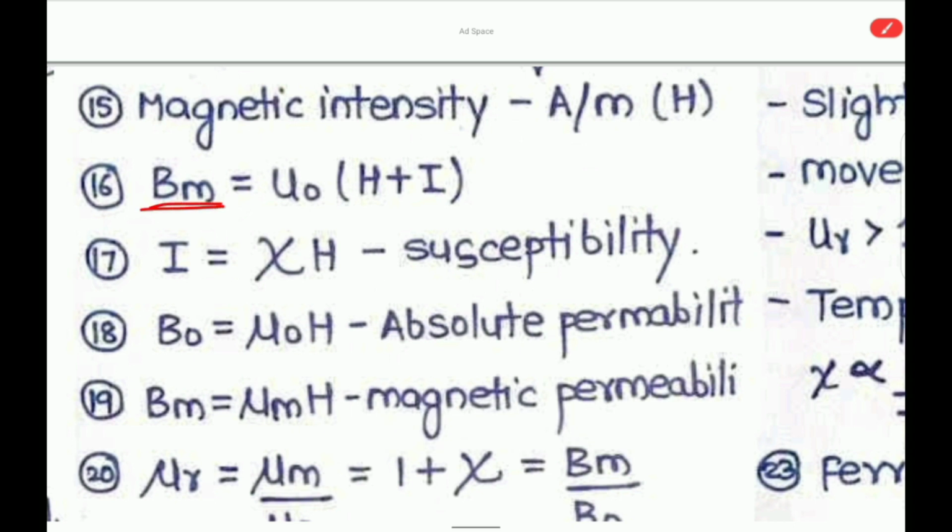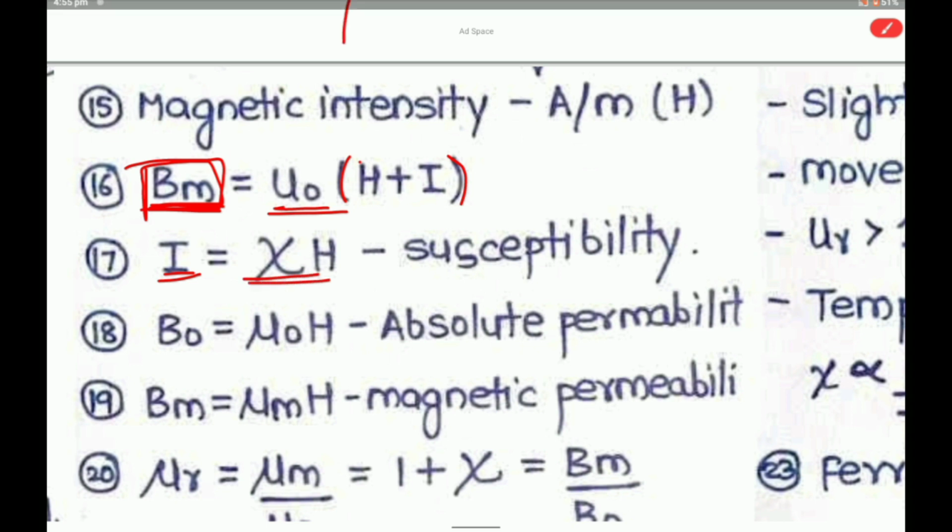Now remember, the magnetic field in a medium can be written as B equals mu naught in bracket H plus I. Here I is the intensity of magnetization, which can also be written as xi into H. So B equals mu naught (H plus I).